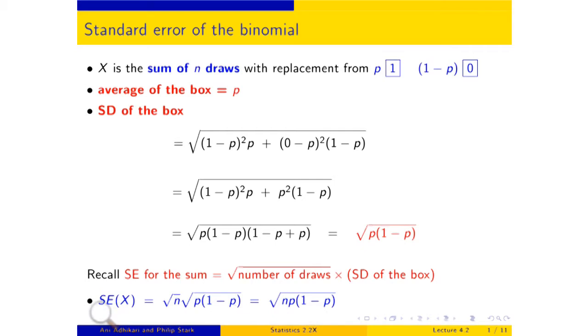And so the standard error of a binomial random variable is the square root of n times p times 1 minus p. np(1 minus p), in probability it is affectionately known as npq, just because we can't bother to say the 1 minus p. I'll try to say the 1 minus p, but there is going to be the moment when I lose discipline and say q instead.